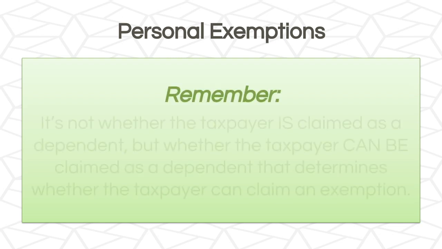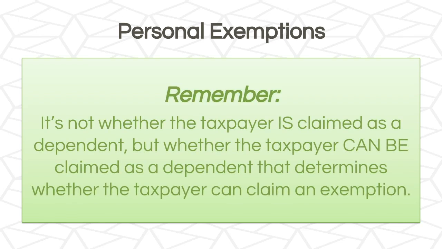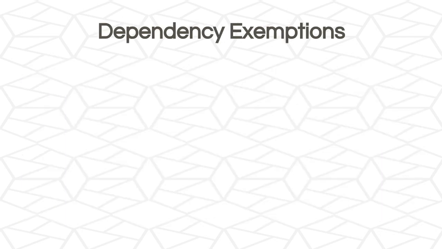So remember, it's not whether the taxpayer is claimed as a dependent, but whether the taxpayer can be claimed as a dependent that determines whether the taxpayer can claim a personal exemption. Now let's look at dependency exemptions.